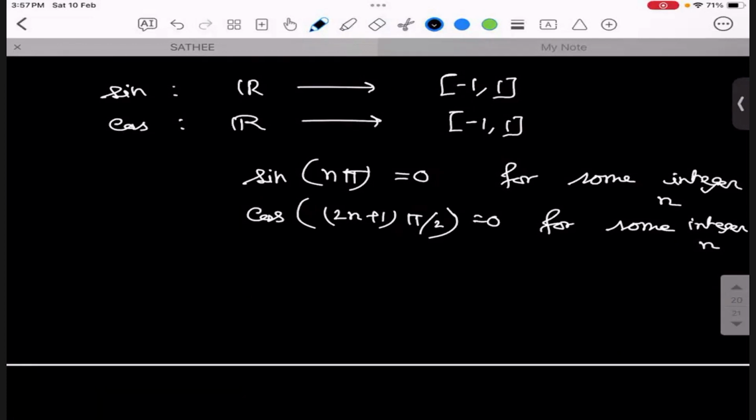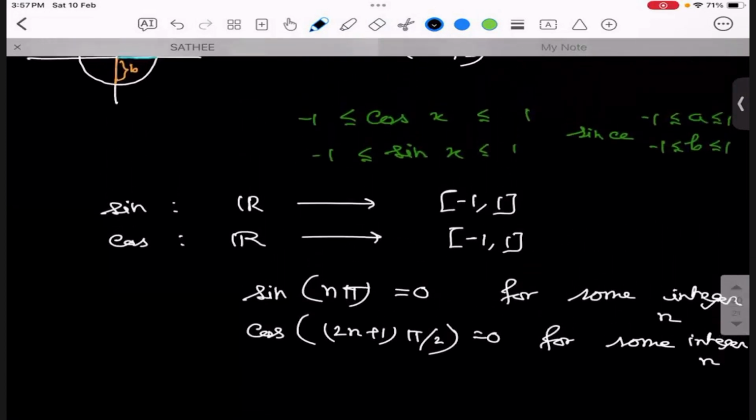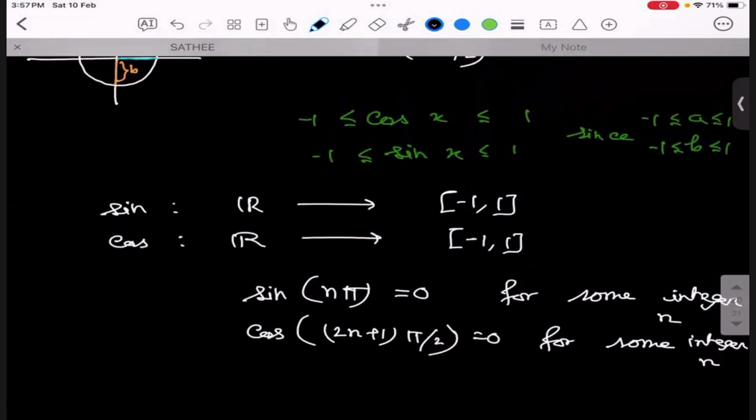Integer means it can be positive, negative, and so on. So in every pi distance, this will give us the value, for all integers n.